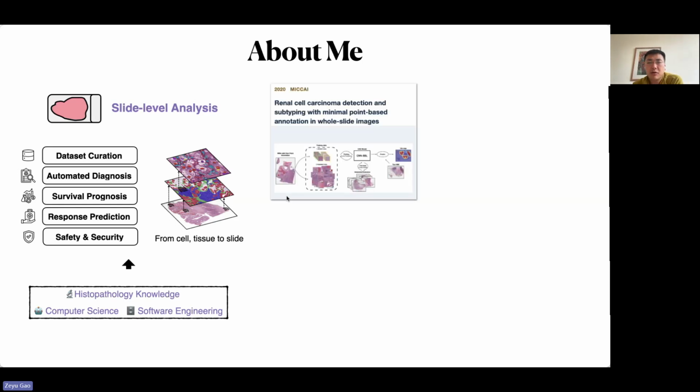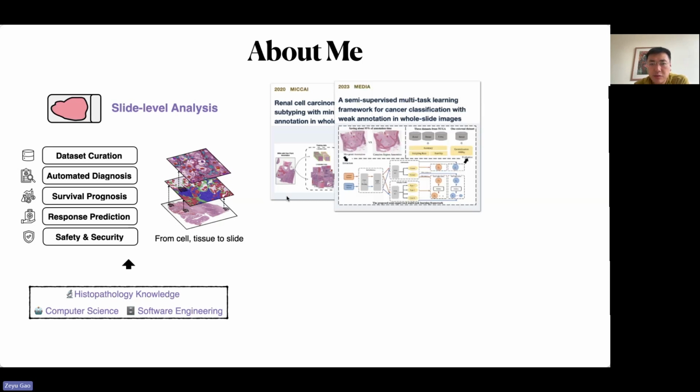At the slide level, it began in my PhD. We started to focus on how to do slide classification at that time, and this is the first paper on slide-level classification. Then we have some follow-up work.